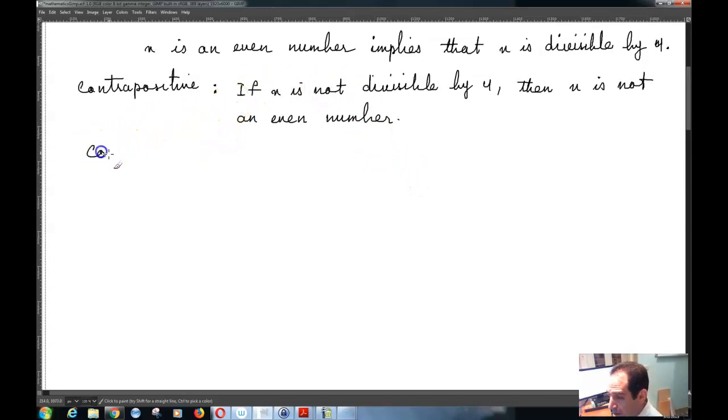And the converse is, meaning that you have to write if q then p. If x is divisible by 4, then x is an even number.